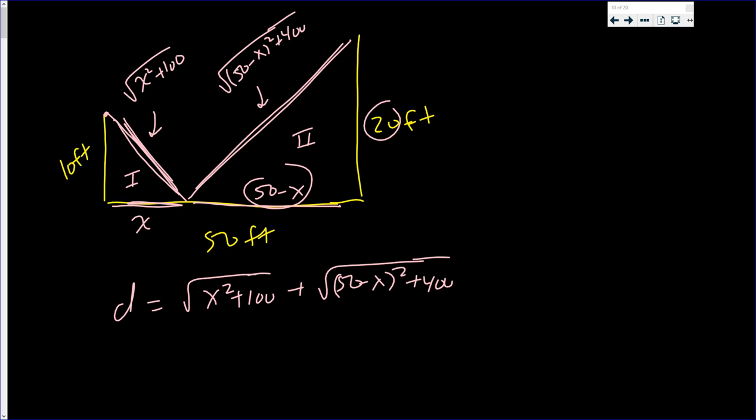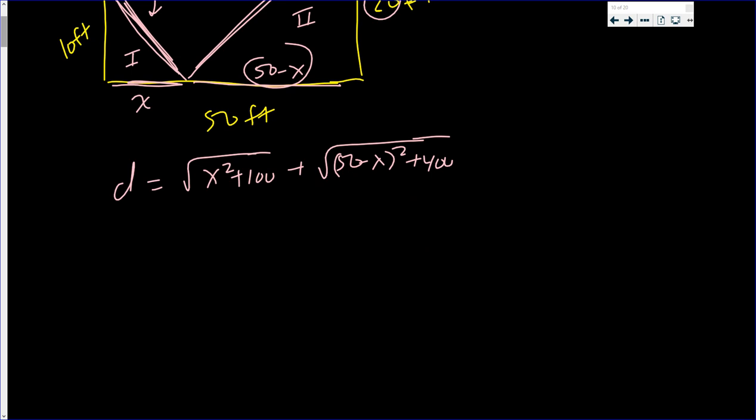Now, you may say, finally, we have D, what we want to minimize in terms of one variable. Yeah, that's the only nice thing about this problem. Finding this derivative and setting it equal to 0 will not be the easiest chore. So this is that function to the half plus (50 minus x) squared plus 400 to the half.